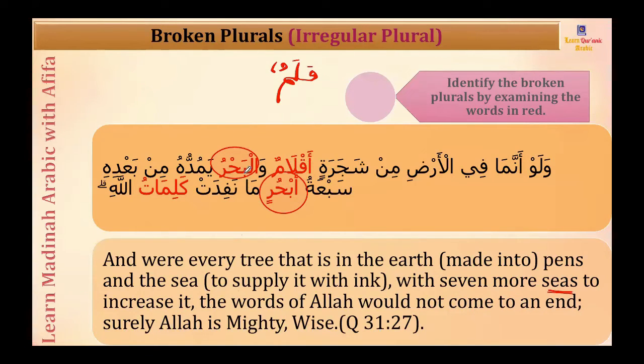And bahrun is the singular. It's also used here, singular, for sea. So in this verse, we observe both the singular and the plural of this word. And it follows a different pattern, as we will study. Aqlam is one pattern and abhur is another pattern.